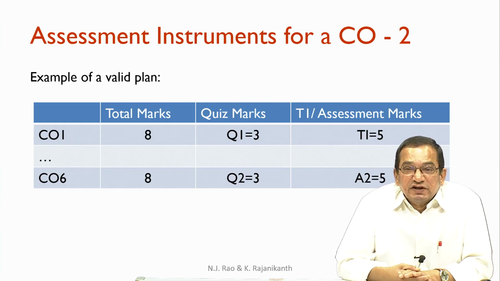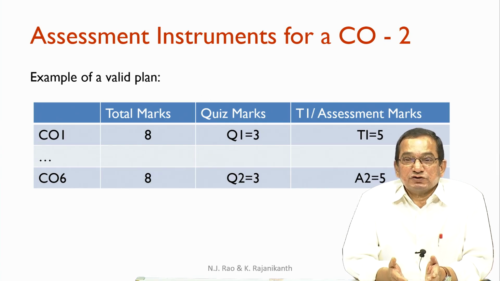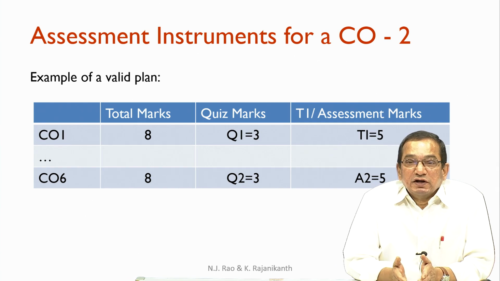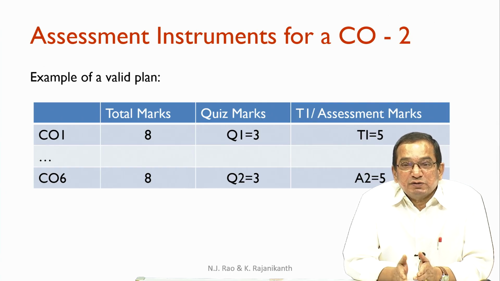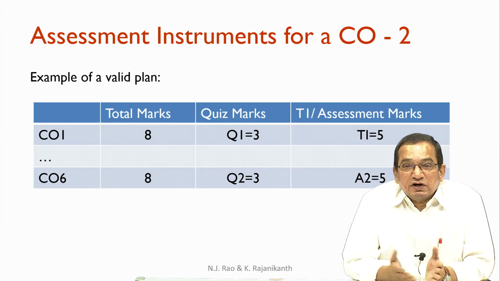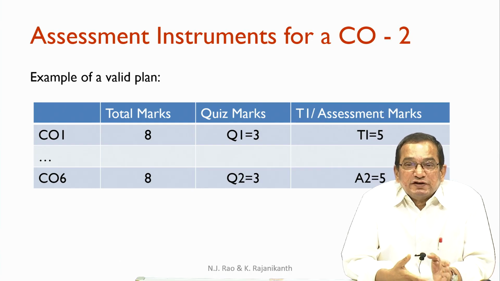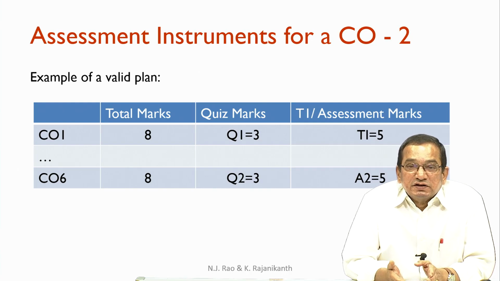For example, CO6, which is the very last CO of the course, is not covered by any test at all, because by the time we complete test 2, we still have not touched the material related to CO6. The instructional material related to CO6 comes in much later. So, CO6 is not addressed by test 1 or test 2. Instead, to some extent it is addressed by quiz 2 for 3 marks, but the remaining marks are all addressed in assignment 2.